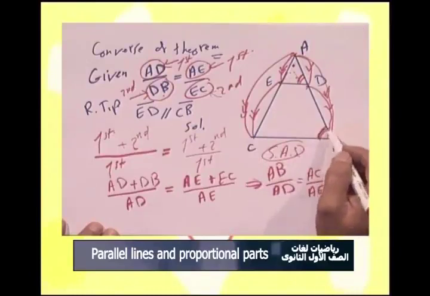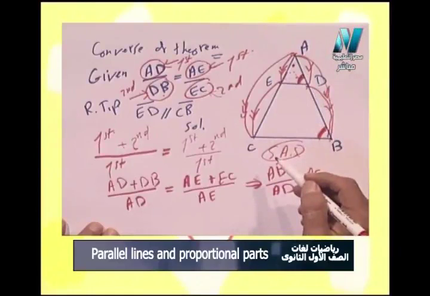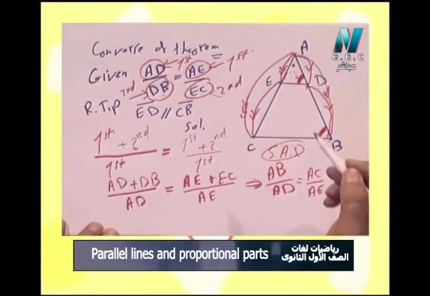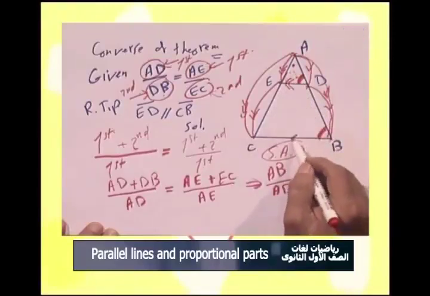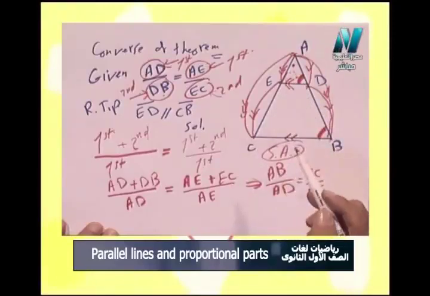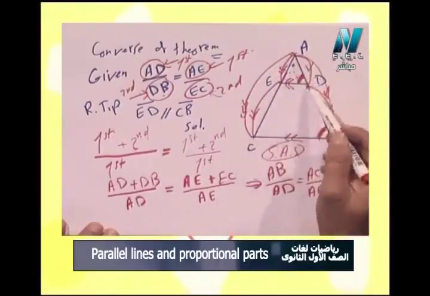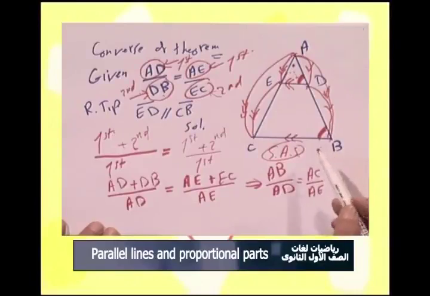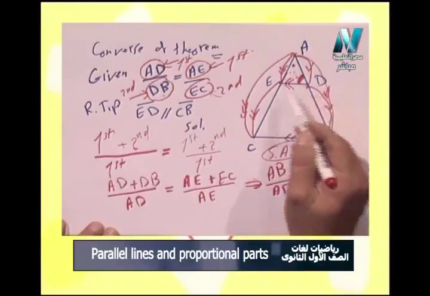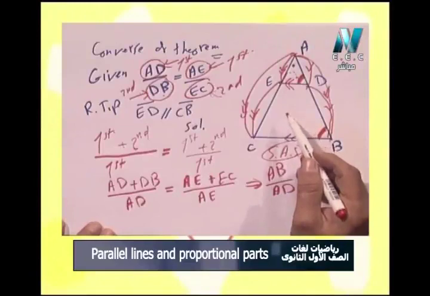And as we see here, these two are corresponding angles, so we can easily deduce that DE is parallel to BC. So if we have AE over EC equals AD over DB, we can deduce that DE is parallel to BC, and this is the converse of theorem 1.